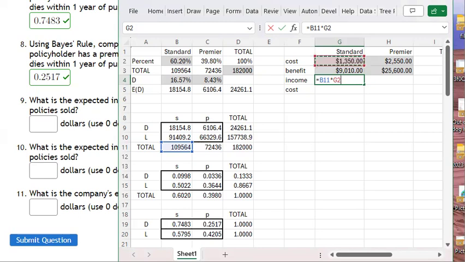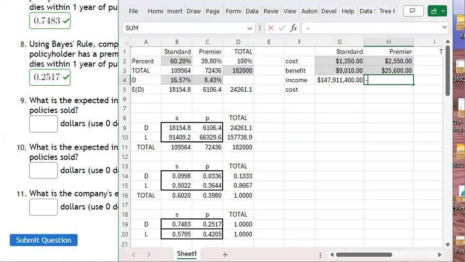That's the income. So we're using everybody that purchased the policy, which is in my model 109,564, and we're multiplying that by the premium, which is 147 million.